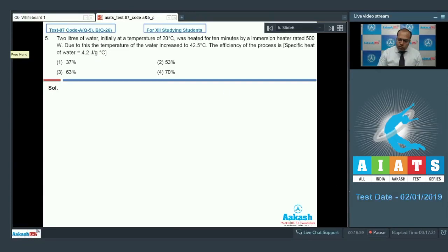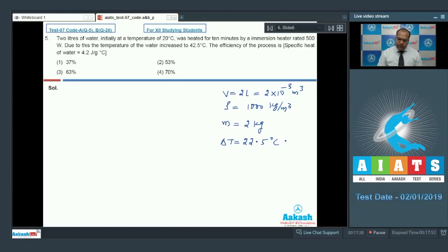The volume is 2 liter, which in meter cube is 2 into 10 to the power minus 3 meter cube. Density of water is 1000 kilogram per meter cube. So the mass of the water is V into rho, which comes out to be 2 kg. Delta T is 42.5 minus 20.